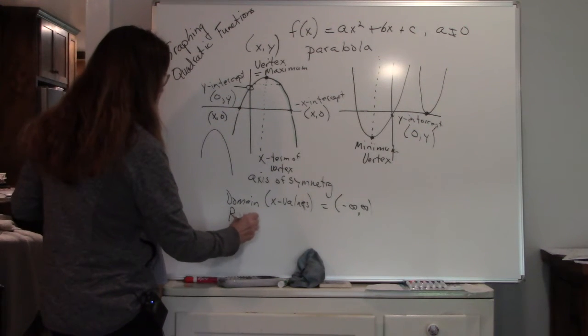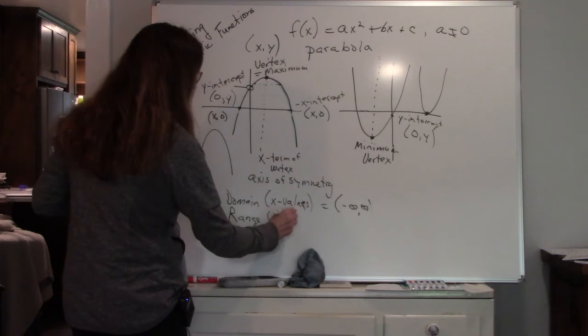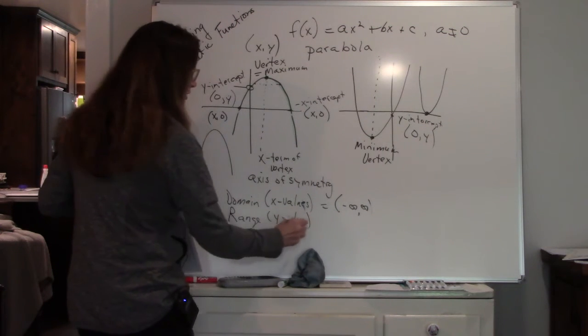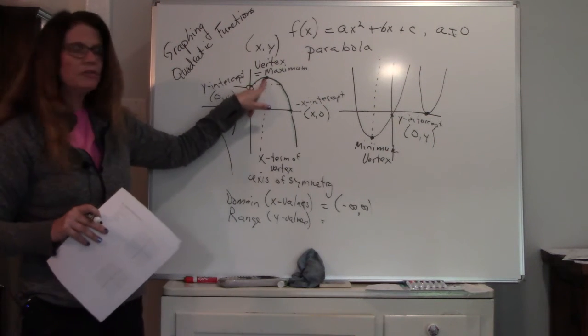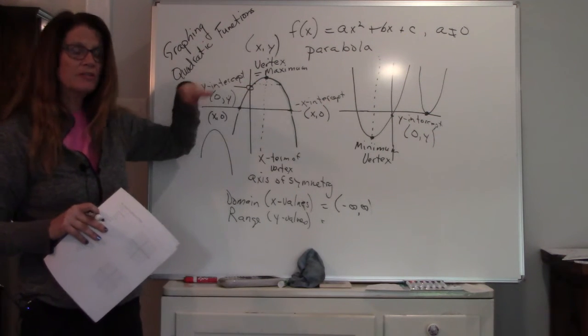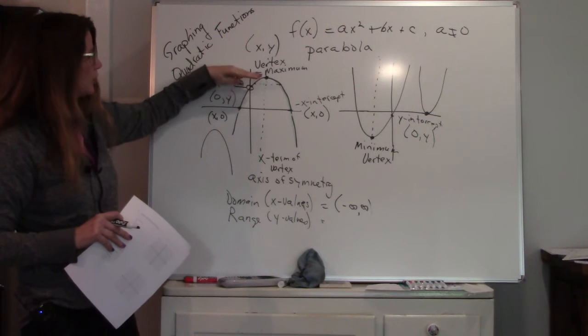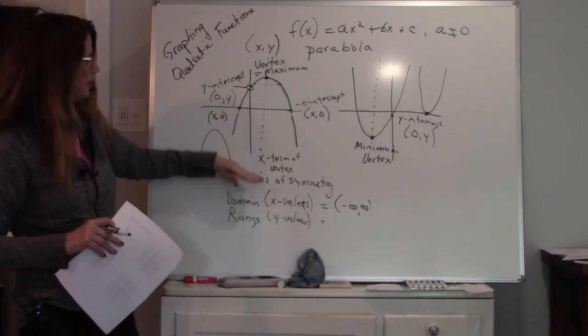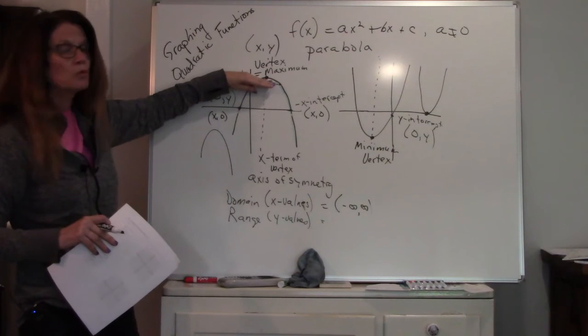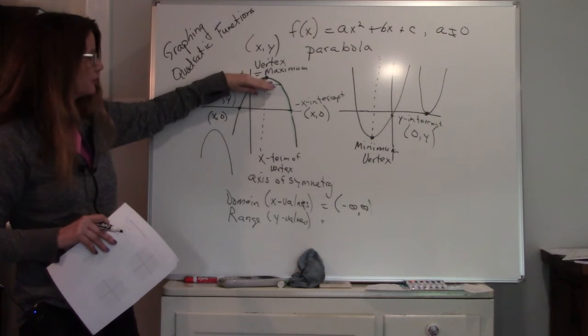The range is the y values. So the y values will be the y value of your vertex. So it depends on if it opens down or opens up. So in this case, if it opens down, it is going to be from negative infinity to the y value of your vertex.